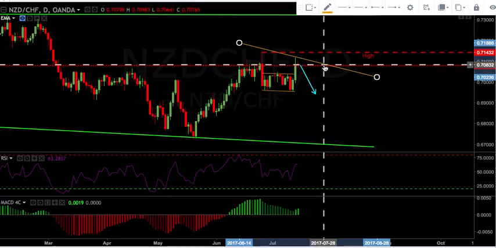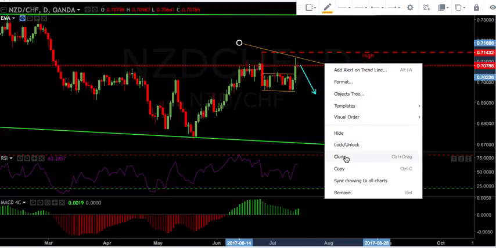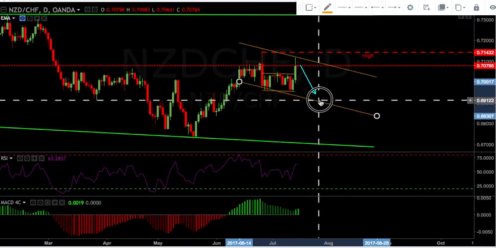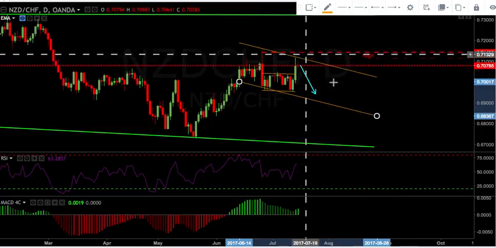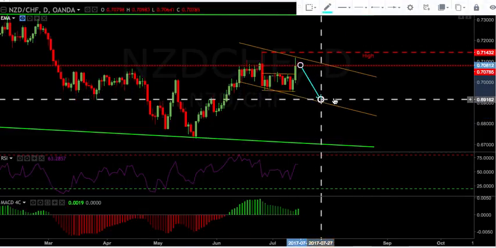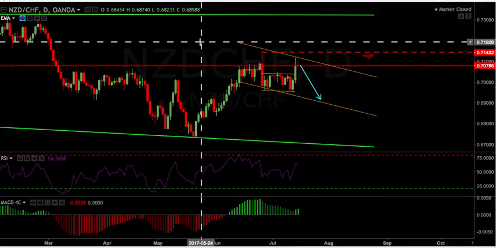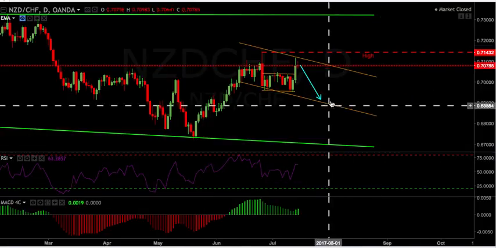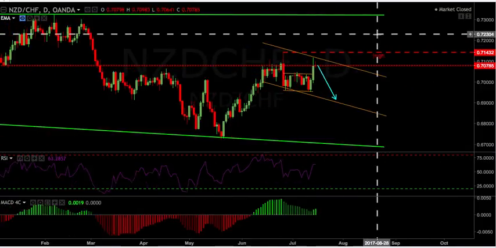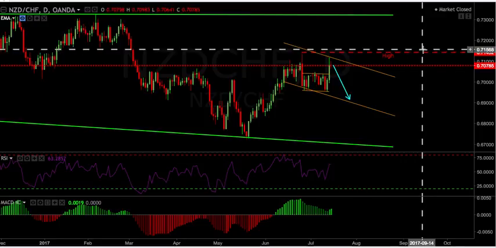We'll look for something like this to form this type of flag pattern. So that's what I'll be looking to form on this New Zealand Swiss, and then eventually it will break north and come retest this top trend line here.